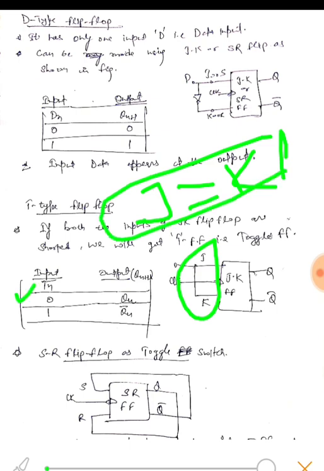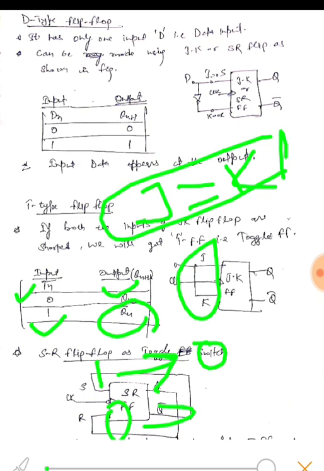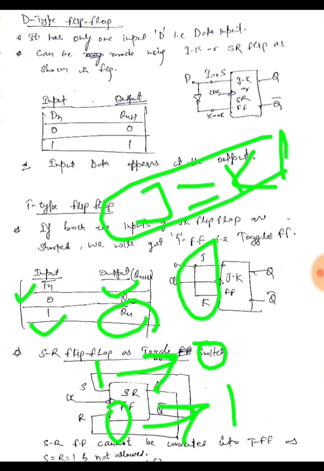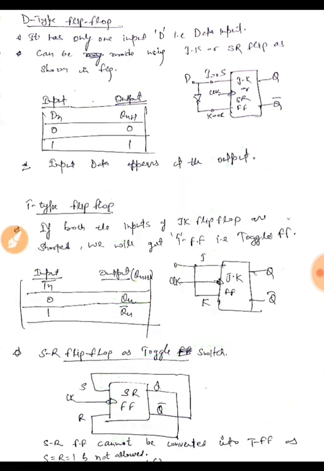So when the input is 0, the output would be Qn, and if input is 1, then it will be Qn bar, that is toggle. If it was 1, it will become 0. If it was 0, it will become 1 for T is equal to 1. At the input 1, our next state would be the complement of the previous state.